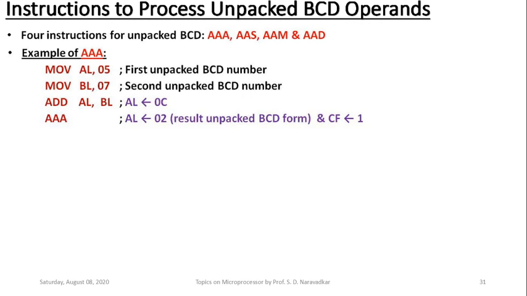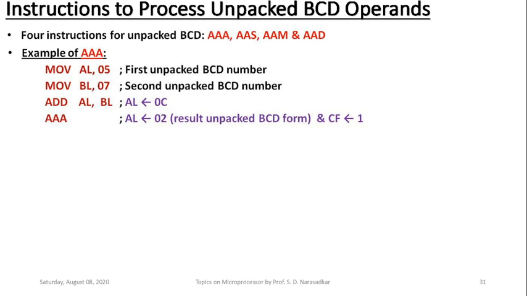Keep in mind, in case of processing of unpacked as well as packed BCD operations here, we have to write the corresponding arithmetic operation in such a way that the result is always copied to the accumulator, because every instruction is applicable to accumulator contents only.